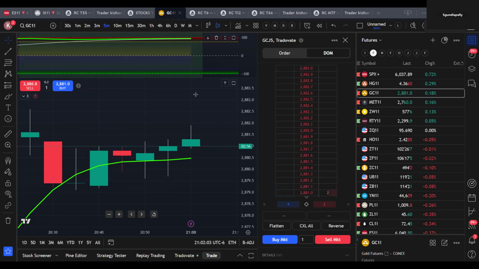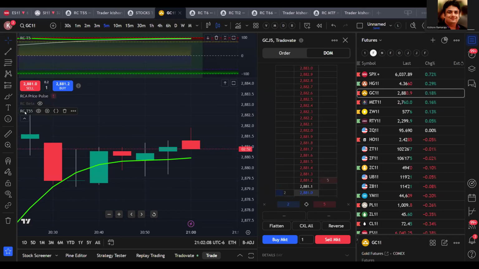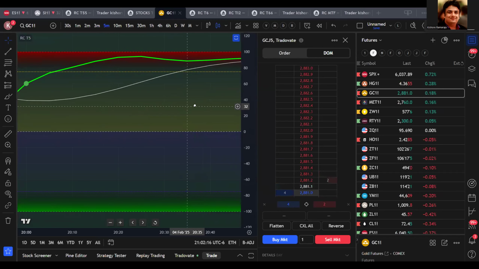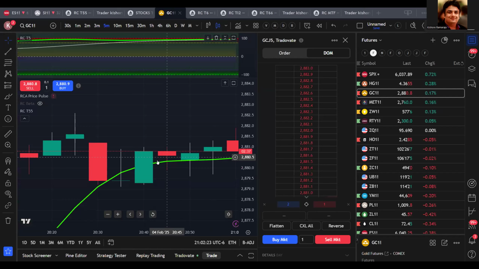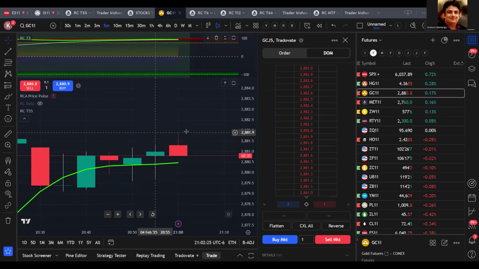I don't know what is the difference between those two, but T55 will basically give you the strong sell. It will look at price pulse, it will look at T5 and then give strong buy, strong sell. Whereas T5 will tell you whether you are overbought, oversold, and if the gap is more, that will help us. So your T5, T55 plus price pulse is a good combination.